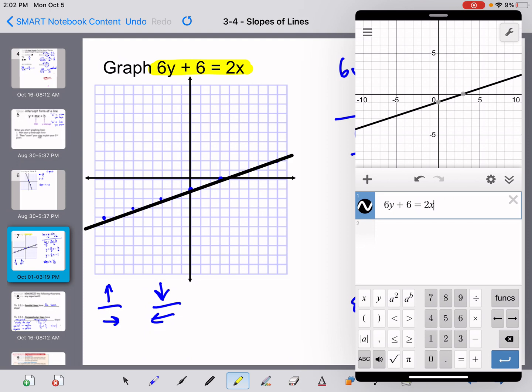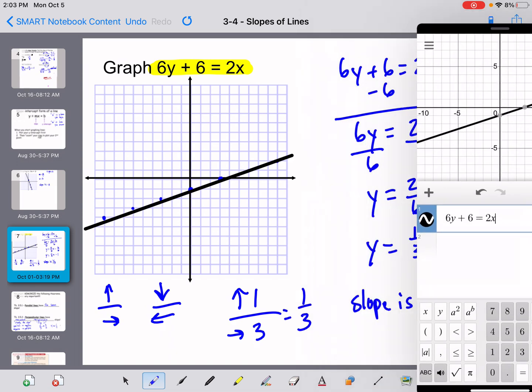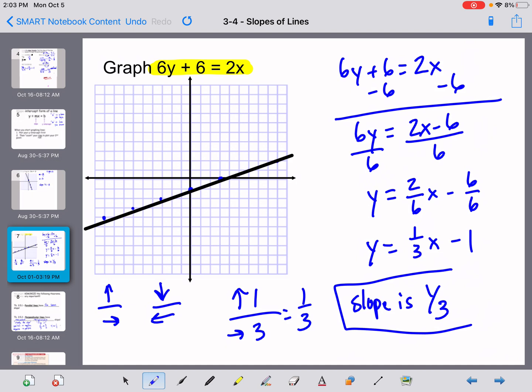Yeah. So now I can use the graph to count slope. I start at the y-intercept. I start where it goes across the y-axis, and I want to move to the next point that I see. So I'm going to go up 1, and then 1, 2, 3, and then over 3. And you see that's going to be 1/3, which is the same thing as I got when I wrote this out by hand. That's all I got for you today, girls and boys.